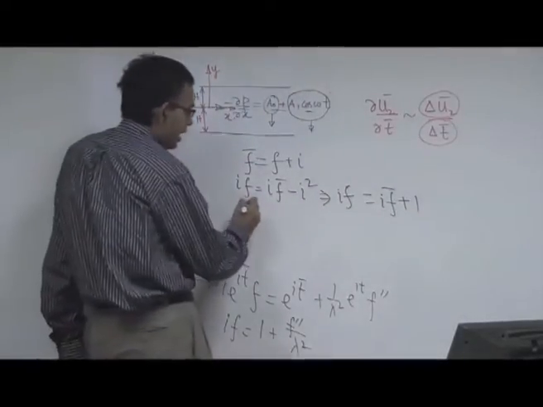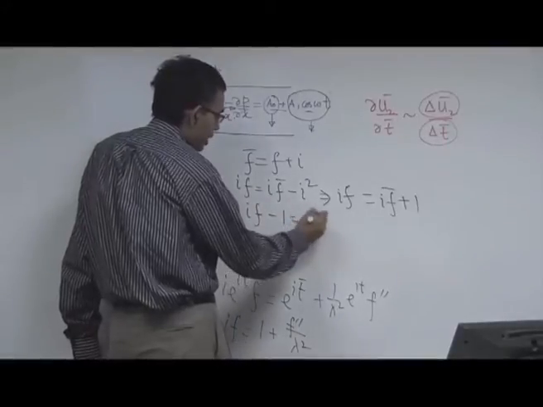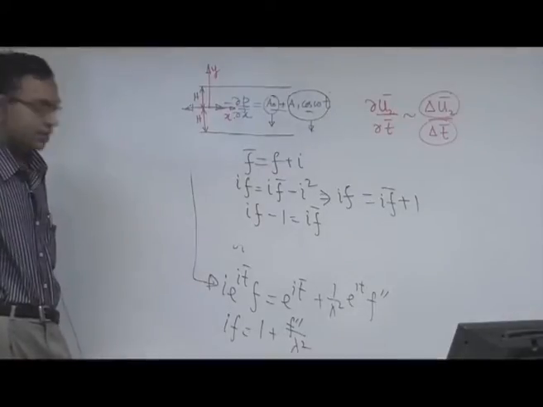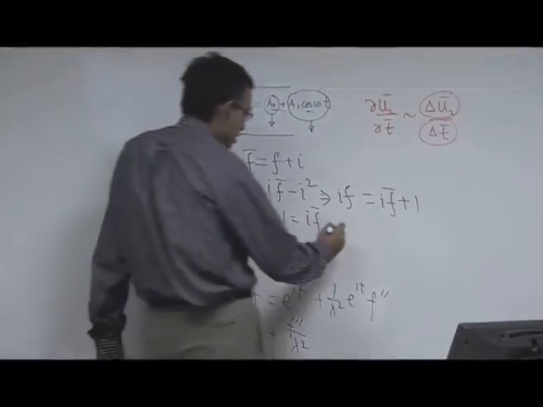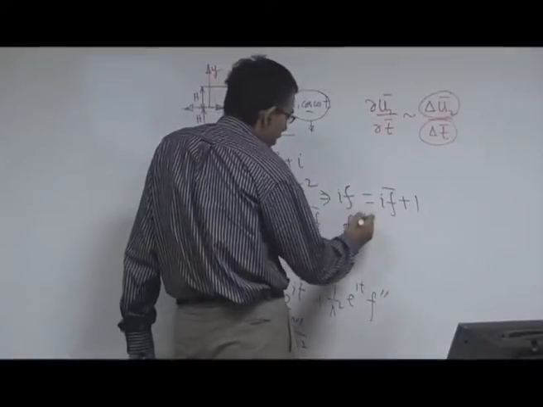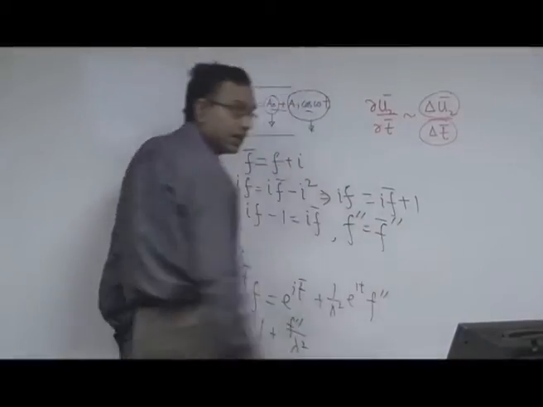So, that means I f minus 1 is equal to I f bar, right. Not only that, because it is just an addition of a constant, f double dash is the same as f bar double dash.